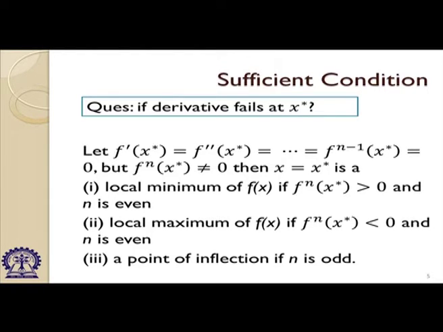If n is even, and f n x star is less than 0, it is a maximum, and if n is odd, then that x star must be a point of inflection. This is the sufficient condition for optimality.